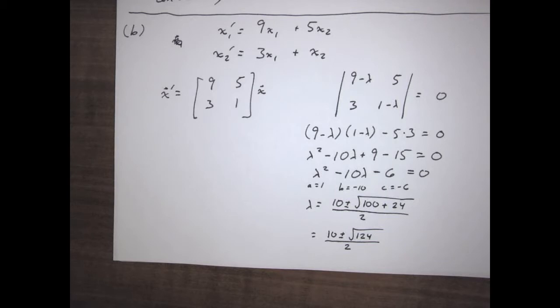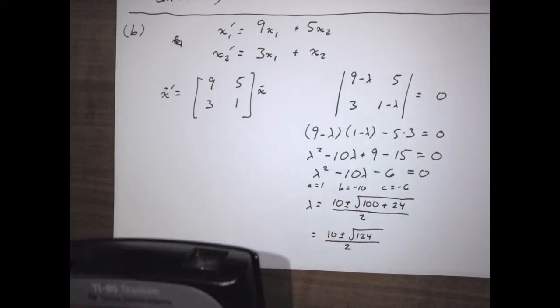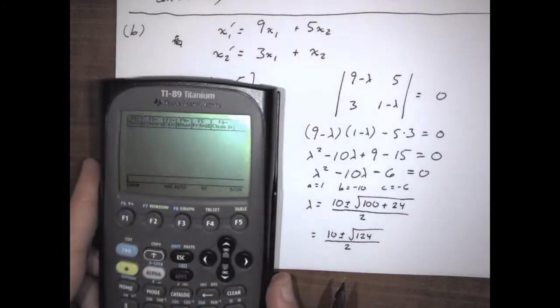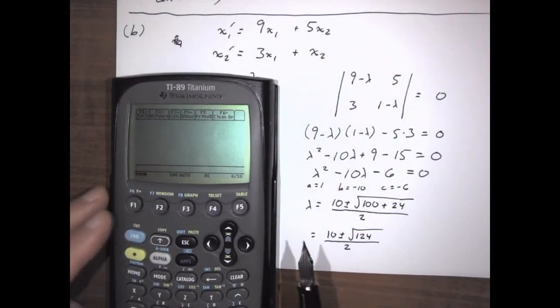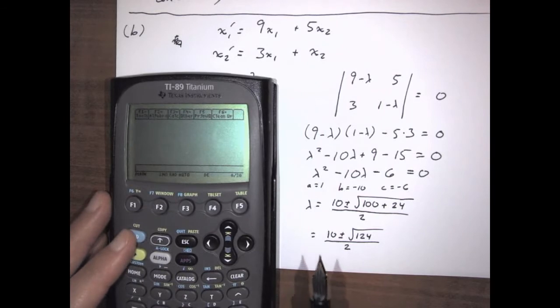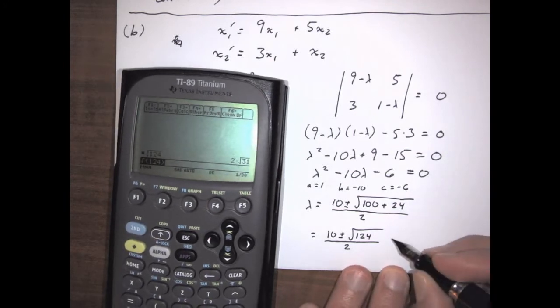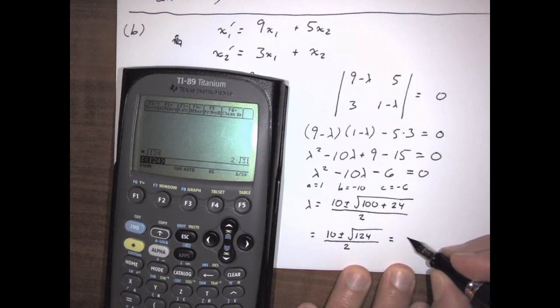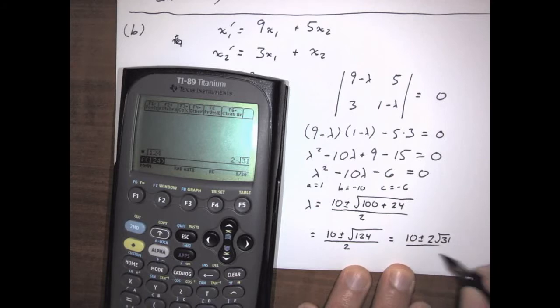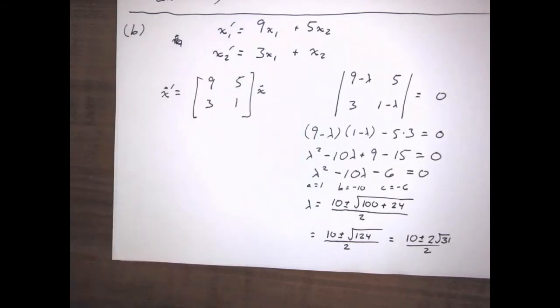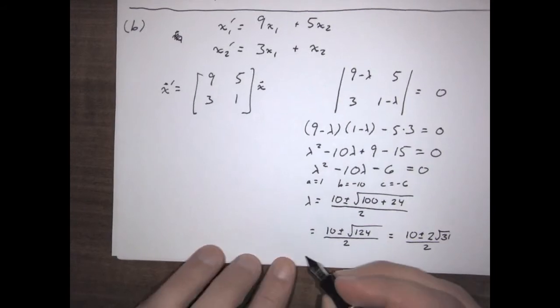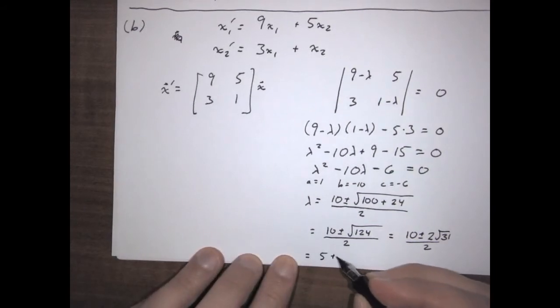If you have a TI-89, you can get the clearest version of these by keeping it in exact mode and doing square root of 124, and it'll break it down for you a little bit. So it's 10 plus or minus 2 root 31 over 2, and now you can simplify that slightly to make it 5 plus or minus the square root of 31.